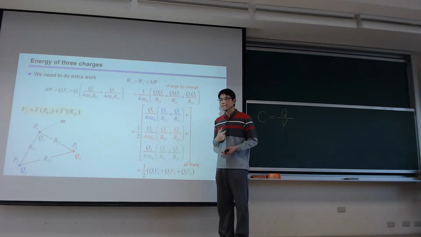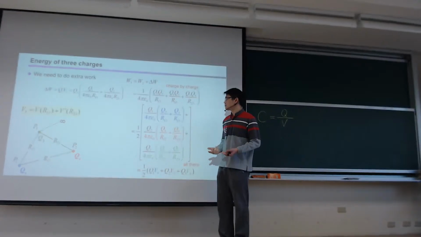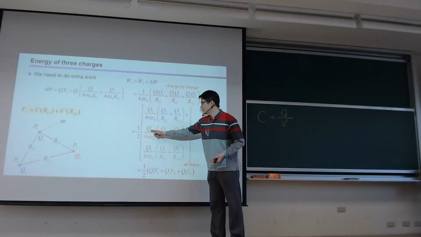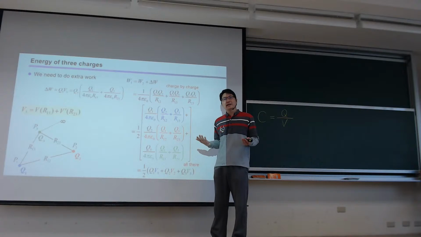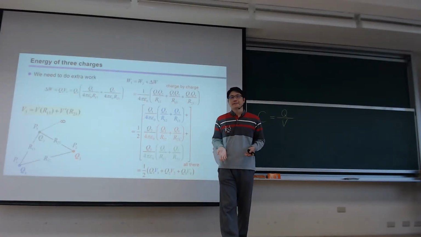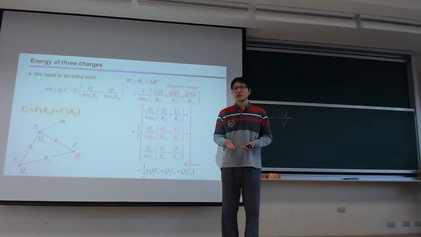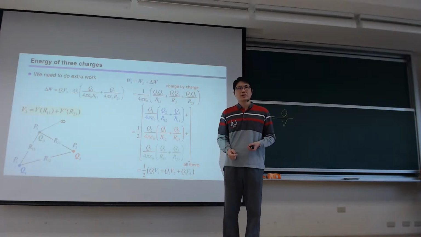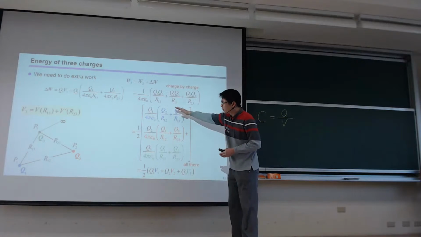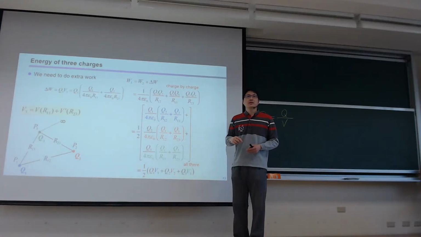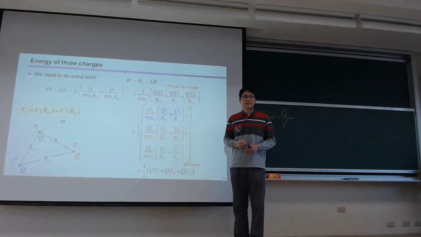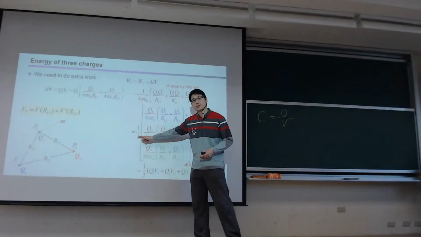And each 2 of them are identical, right? Q1, Q2, Q1, Q2, identical. So again, you double counted, just like the case for 2 charges. When you blindly write down these equations, you always double count. So you need to divide by 2.